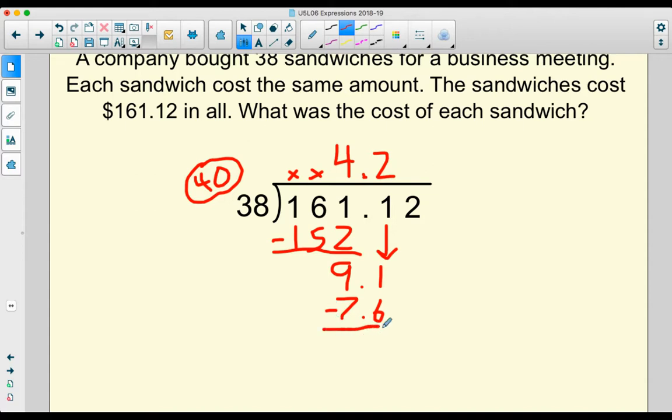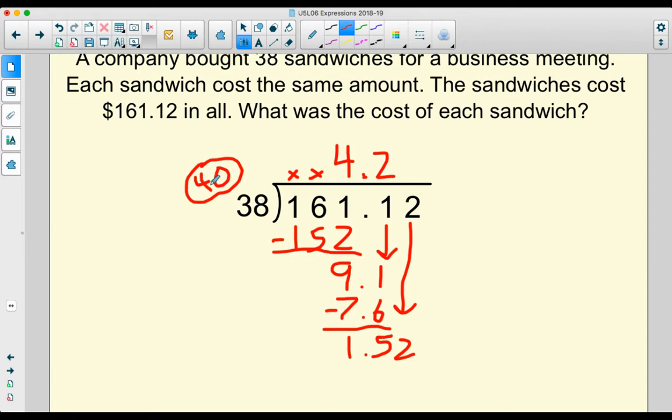As I subtract, I get 1 5/10, or 15 tenths, sorry. 15 tenths cannot be broken into groups of 38, so I'm going to bring down my 2 hundredths. When I put in the 2 hundredths, I now have 152 hundredths that can be broken into groups of 38.